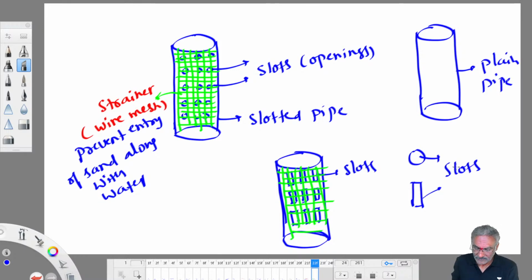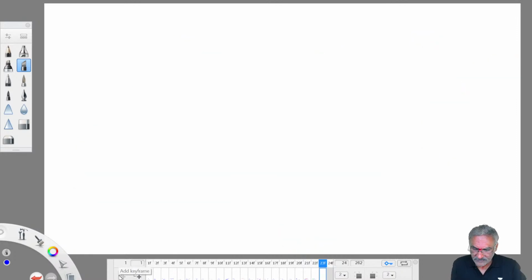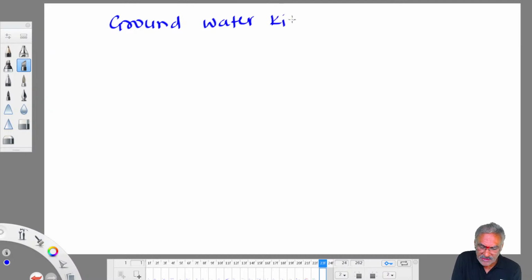Okay. So coming to groundwater kinetics, you have to learn this. Sometimes they ask questions in the exam.